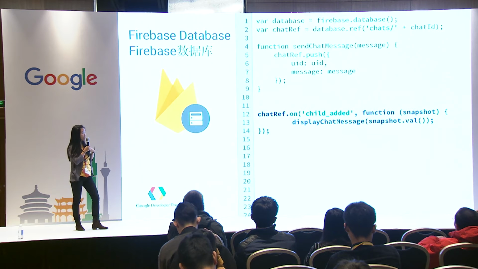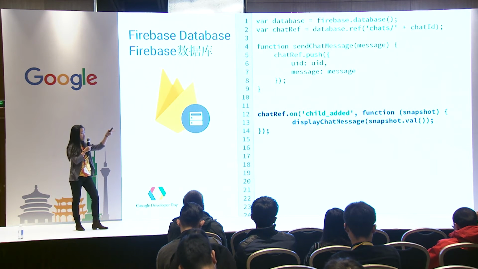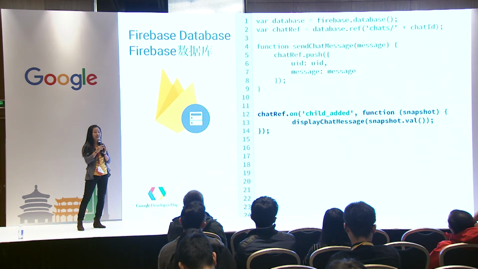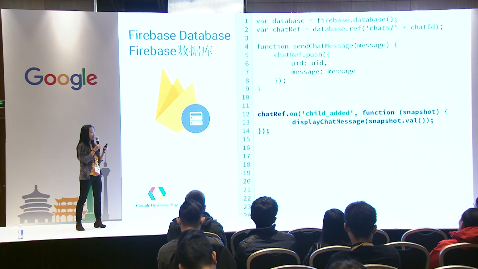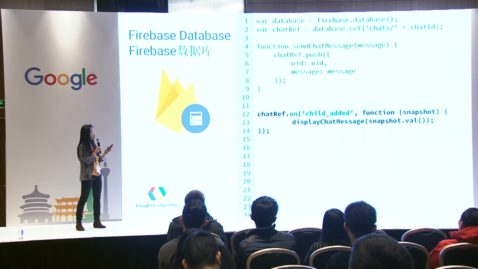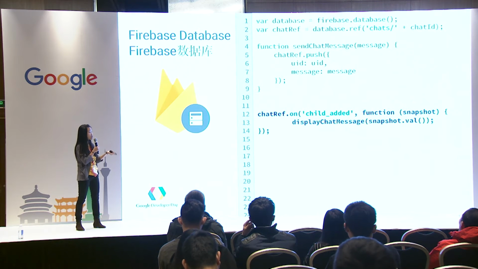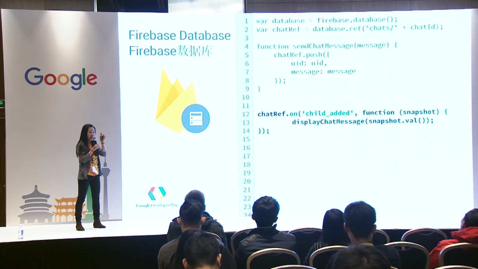So if either me or someone that I'm chatting to has written to the database, this function will fire. And it'll fire with a parameter called snapshot, which contains everything we need to know about that new database write event. So in this case, we can call snapshot.val on line 13 to get us the content that was sent to the database. We then have another function called display chat message, which we didn't show here, but this would just be a function for you to actually display it in the HTML.